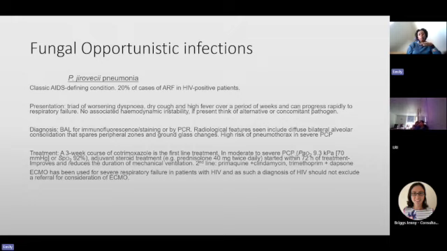Presentation, usually they come with worsening cough, worsening dyspnea, the cough is dry, and they have a high fever for some weeks. However, unlike bacterial infection, they have no hemodynamic instability. And if your patient presents with hemodynamic instability, start thinking, could this be something else, or could there be a superseding bacterial infection, and you need to add that.